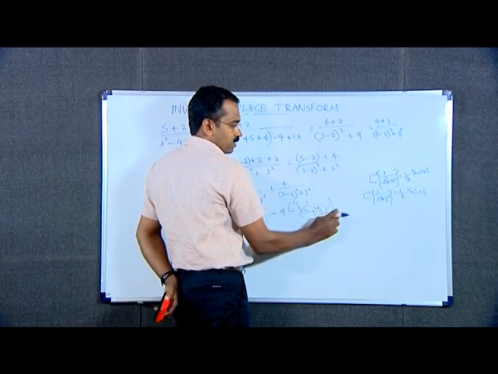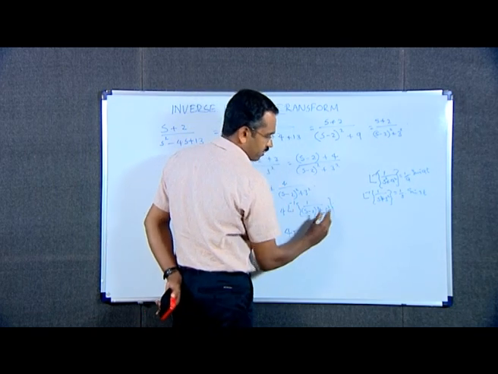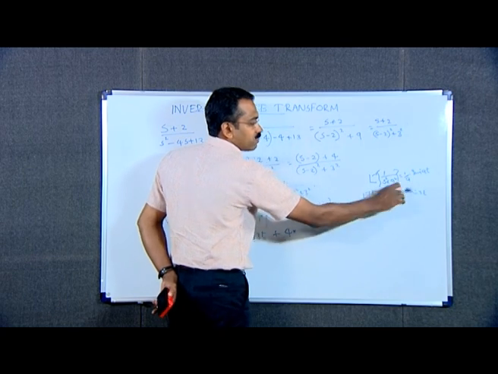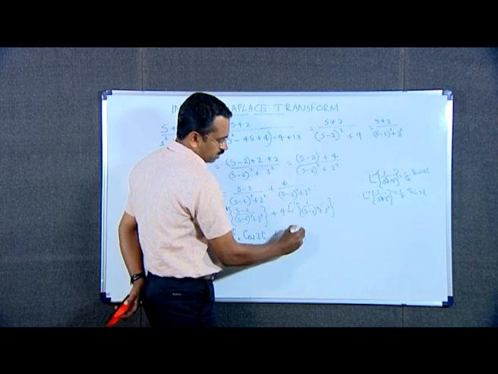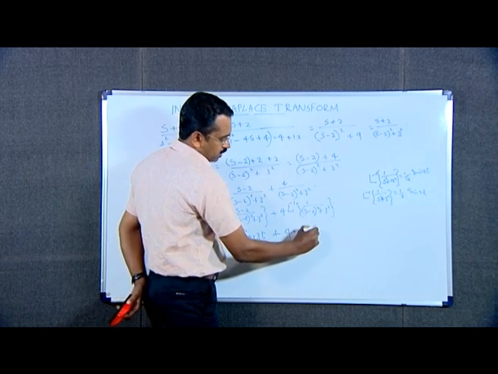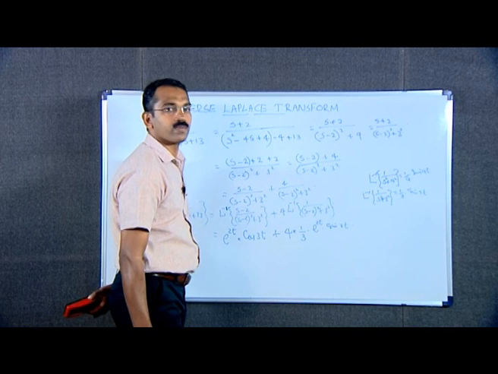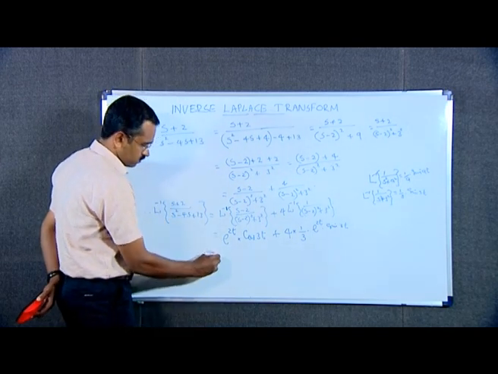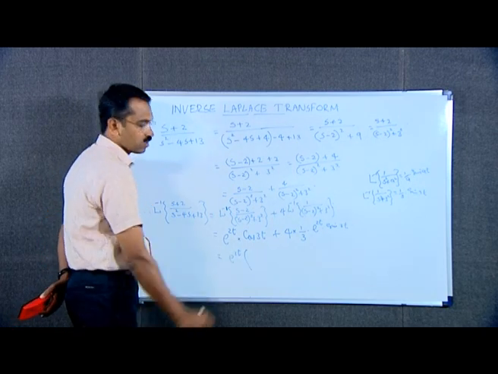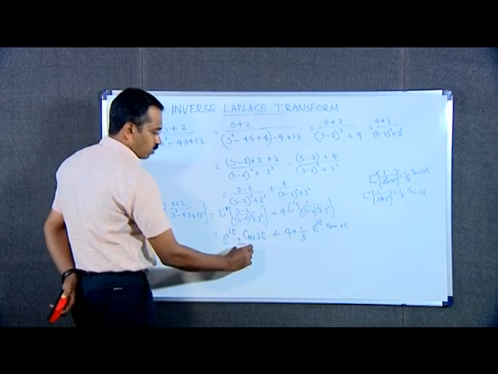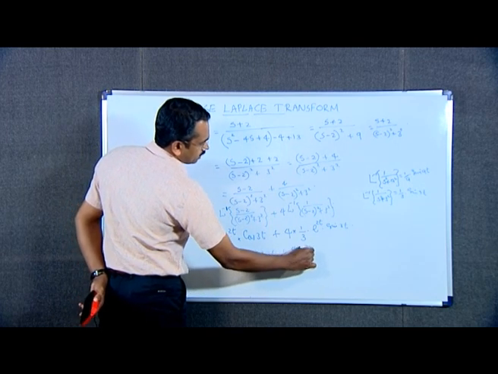Here instead of s in this function, it is s minus 2, means we have to multiply 1 by 3 into sin 3t by e raised to 2t. Therefore, 4 into 1 by 3 into e raised to 2t into sin 3t. That is, the required inverse is e raised to 2t, which can be taken common, into cos 3t plus 4 by 3 sin 3t.